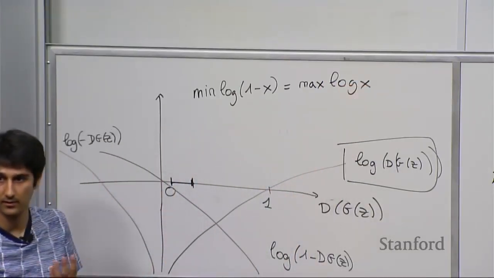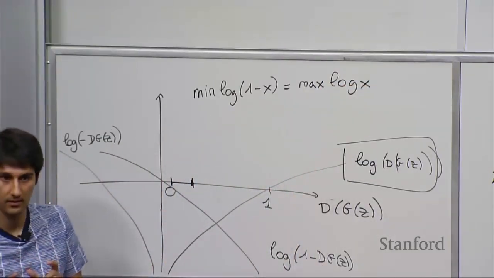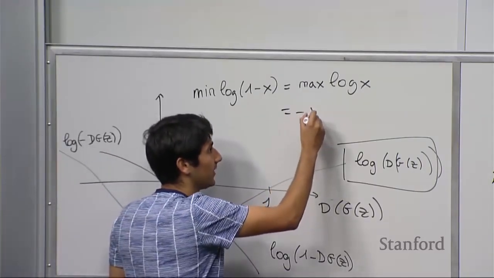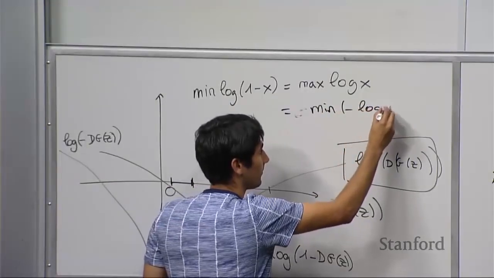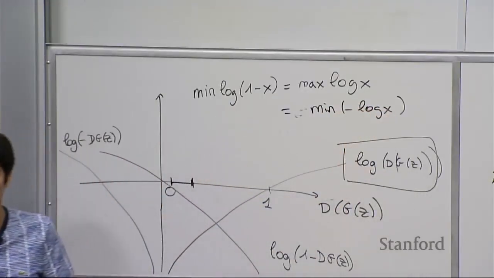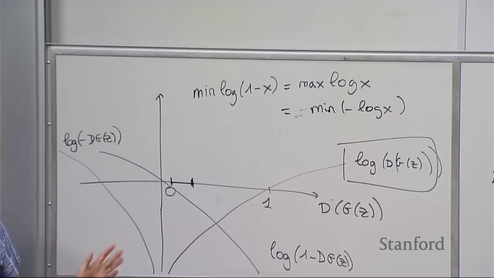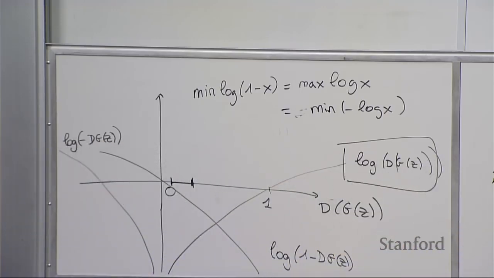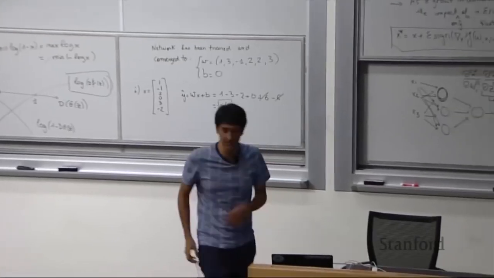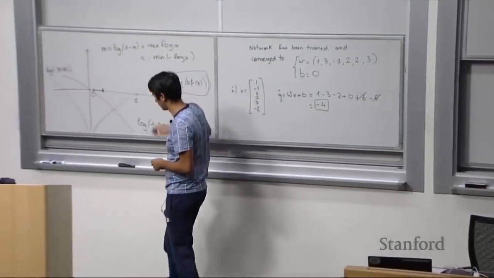You agree? Simple flip, min-max flip. And we can also say that it's the same as minimizing something in minus log of x. Does it make sense? So we're going to use this mathematical trick to convert our function, that is a saturating cost, we would say, into a non-saturating cost that is going to look more like this.